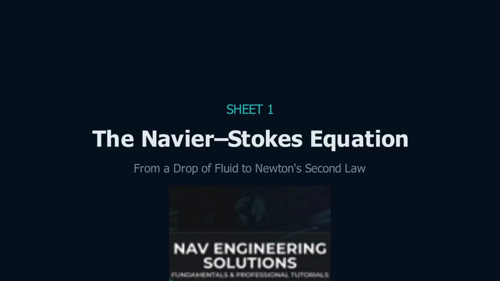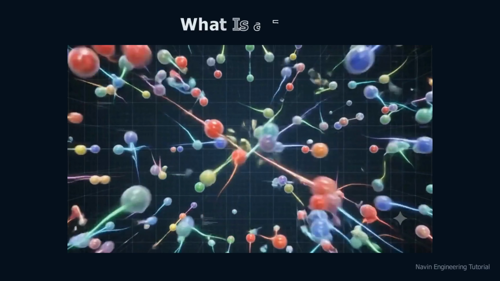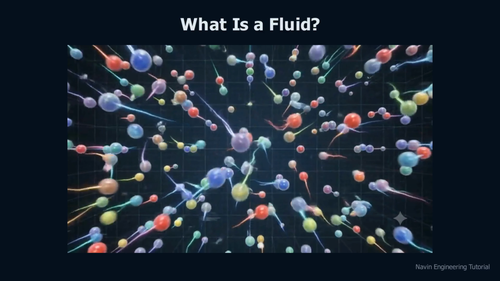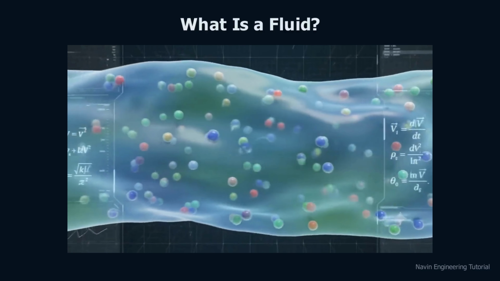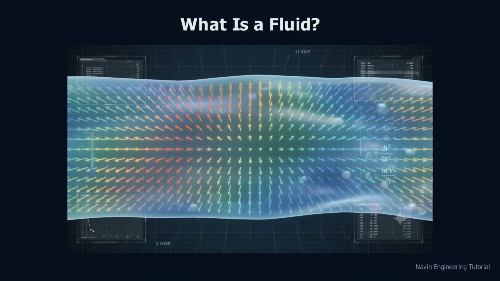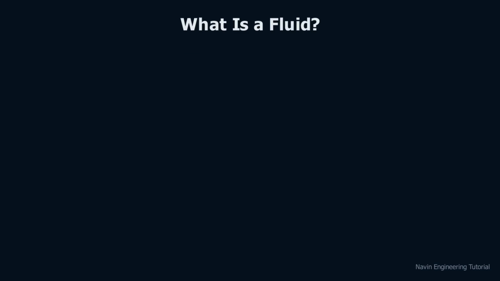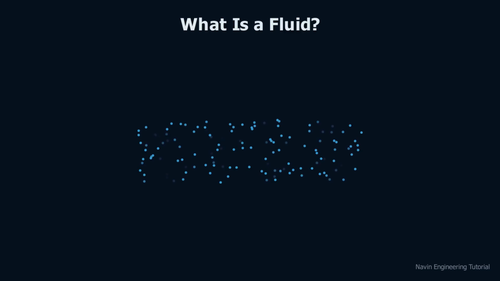Let's begin. A solid keeps its shape when you push on it. A fluid, whether liquid or gas, does not. It simply flows and takes the shape of whatever contains it. At the microscopic level, a fluid is a swarm of countless individual molecules colliding and darting about in every direction.